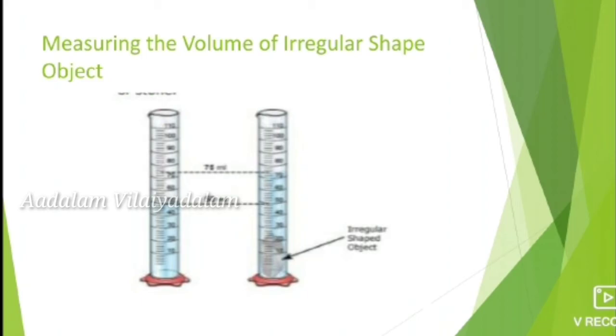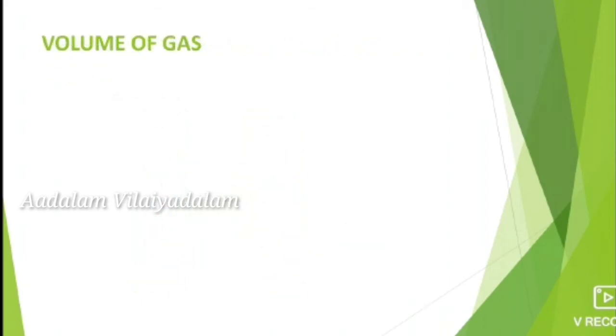And next one is volume of gas. We can also measure the volume of gas. It is essential to take into account the pressure at which the gases are kept. And the SI unit of volume of solid is cubic meter. We already know about that.